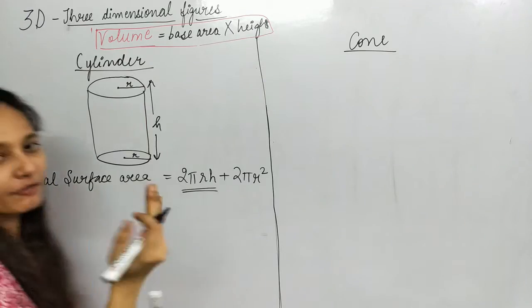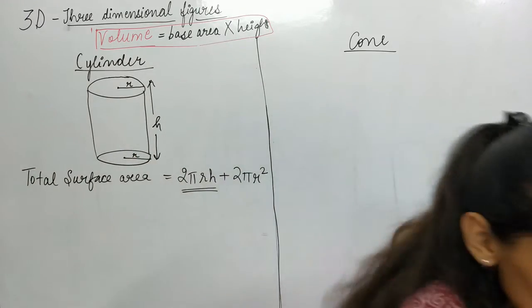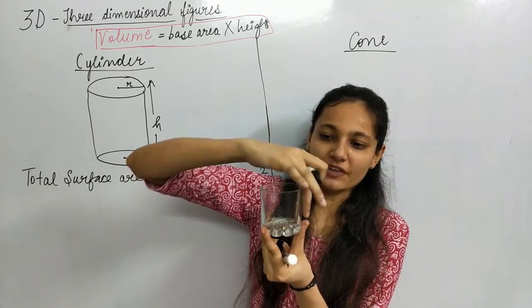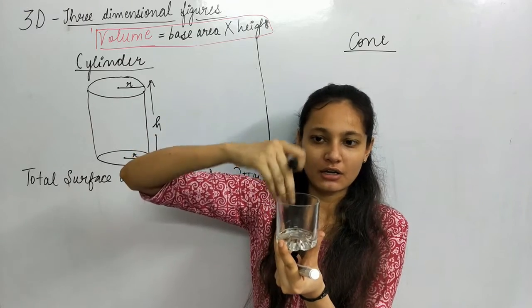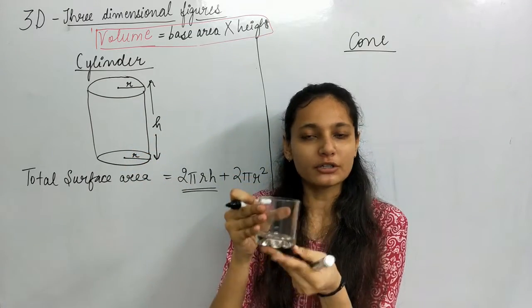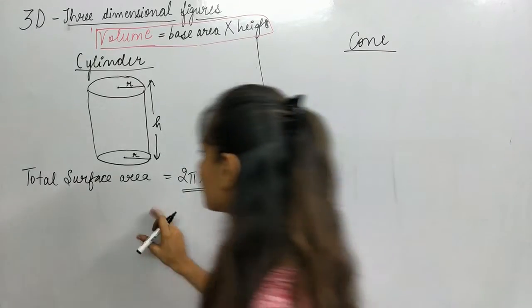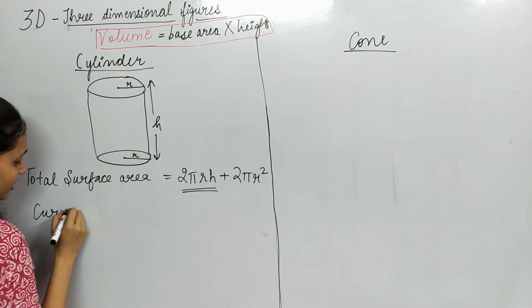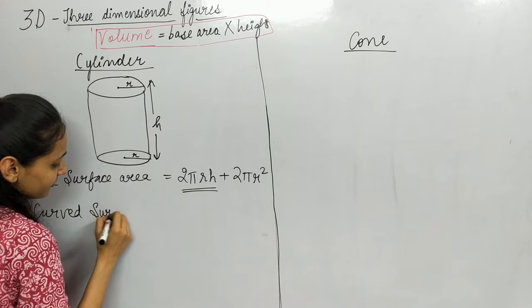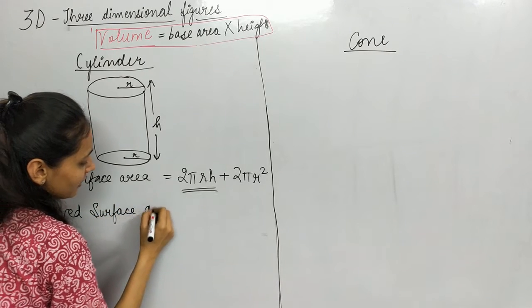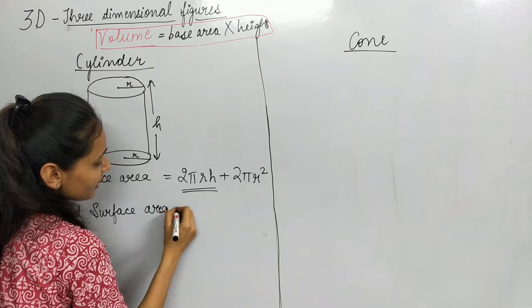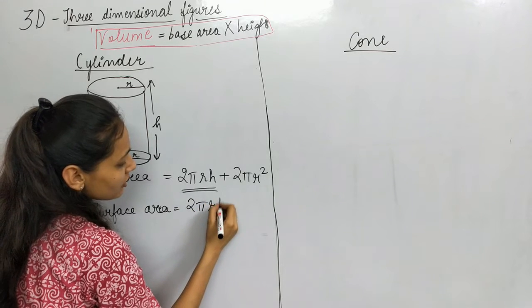Curved means the curved portion of this cylinder. Suppose this is a glass. So curved surface area will be this area. You will not take the top and not the bottom. You will take only the curved area. That area is called the curved surface area. Curved surface area of cylinder is 2 pi RH.